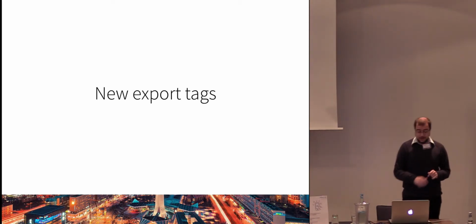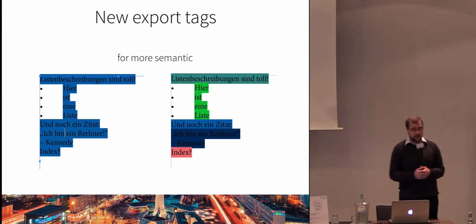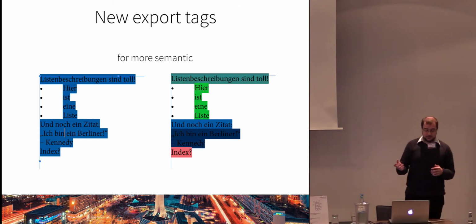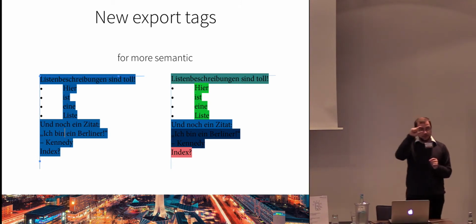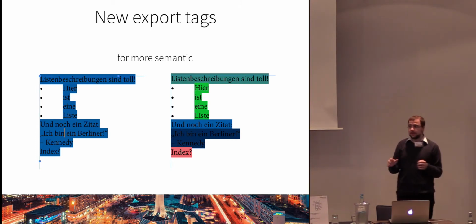Right. Let's come to some real news, some new features that are new export tags. So we try to get you to a better semantic document. Imagine you have tables where you have a caption above or at the bottom, or lists with captions.